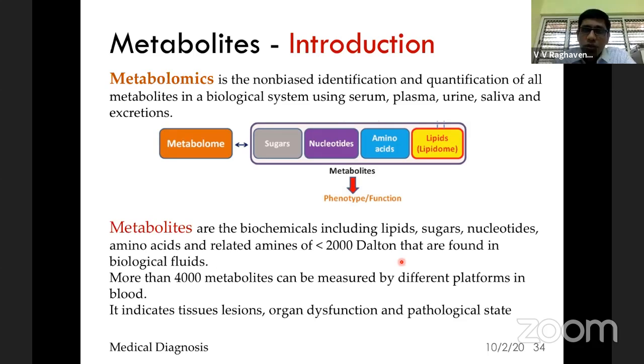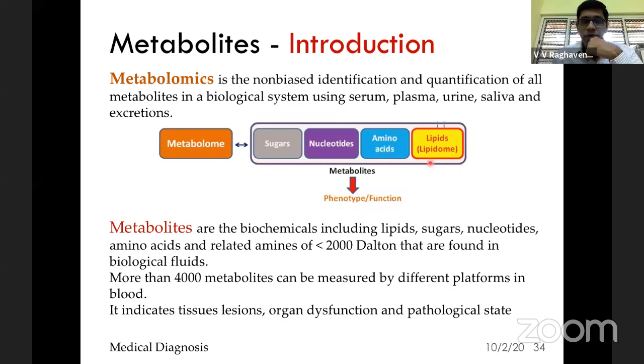The chemical drugs that we take when we are not ill are also metabolites. All that, right? So in general, you will be able to classify the blood metabolites into these 4 categories: sugars, nucleotides, amino acids, and lipids.